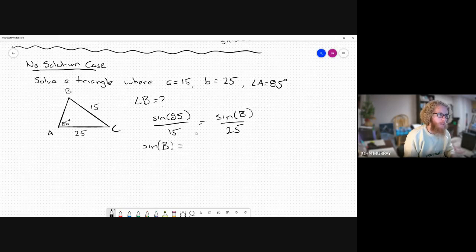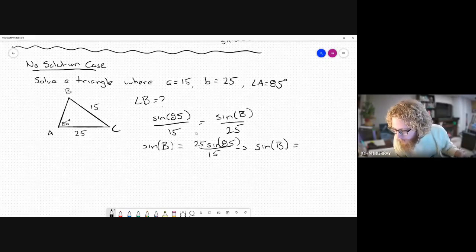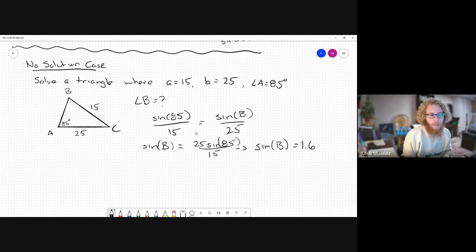I get that the sine of B is equal to 25 sine of 85 over 15. I calculate this, and I get about 1.66.